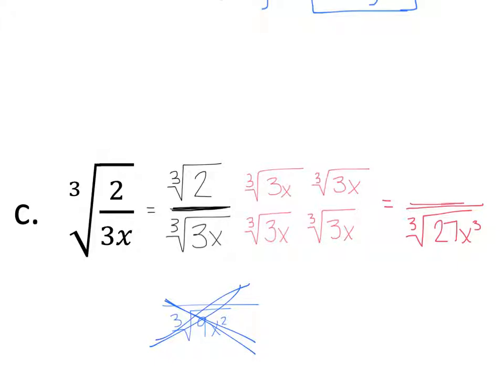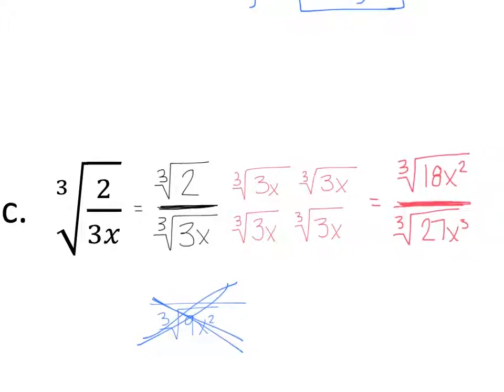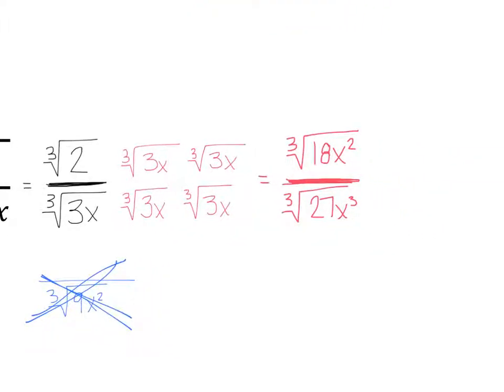Okay, what about the top? Cubed root of 2 times 3 times 3, 18x squared. Okay, we can simplify the bottom, because that was the point of this.